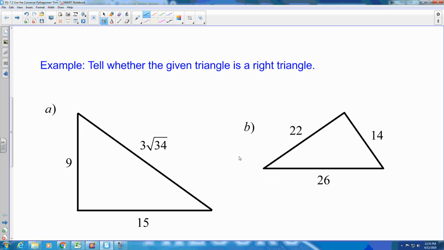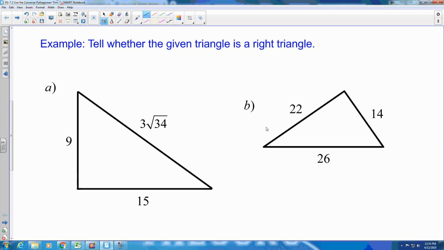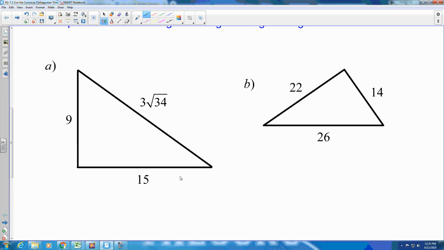So what we need to do with these examples is determine if these triangles are in fact right triangles. The first thing you have to identify is what is the largest value. Sometimes it's a little more tricky to figure that out, especially when there's a radical involved.